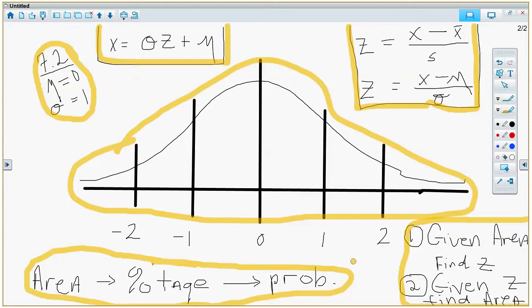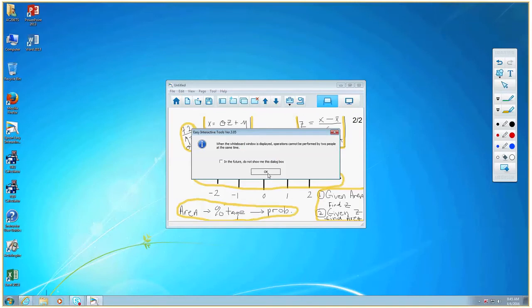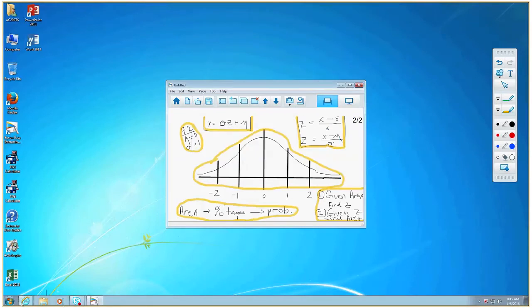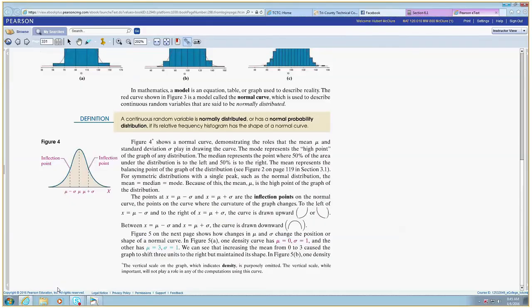Now, that's probably what they go into with the first part of the section. Let's look and see. And then we need to go into the z-scores. Normal curve, plus or minus standard deviation. We talked about that.